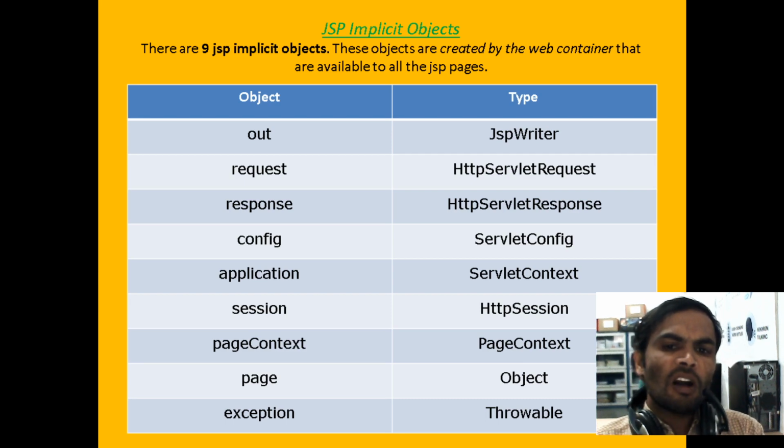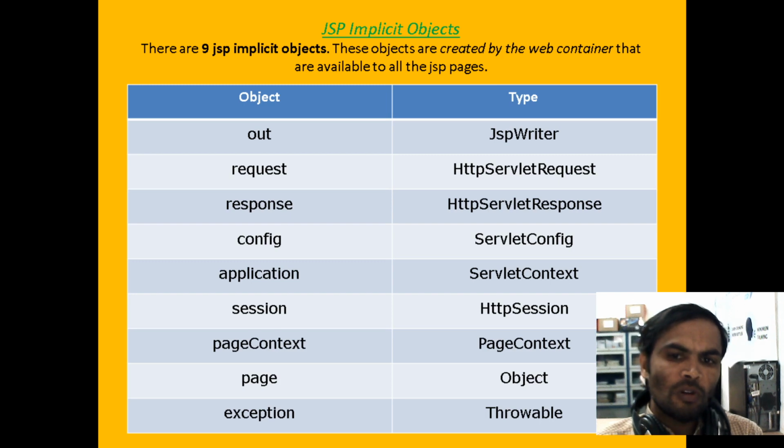Now coming to the config object: for each and every servlet program, the web container creates a servlet config object. Coming to JSP, we have the config object also. If you have n number of servlet programs, a single object can be created for all of them under the servlet context.